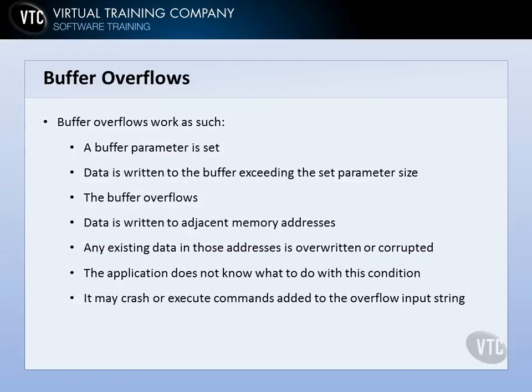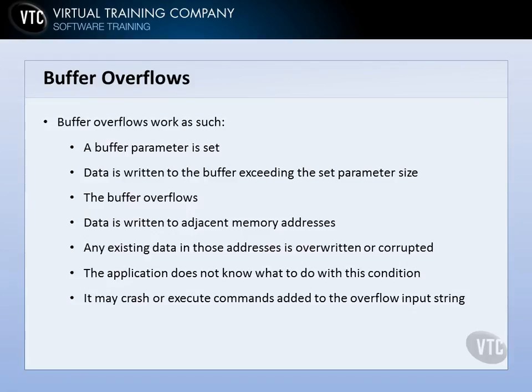This is very generic, and some buffer overflows work a little bit differently. But in general, in a buffer overflow attack, in the application, a buffer parameter is set. It could be an input parameter, for example, and allow only so many characters to be in the buffer. Now, data is written to this buffer that may exceed that set parameter in size.